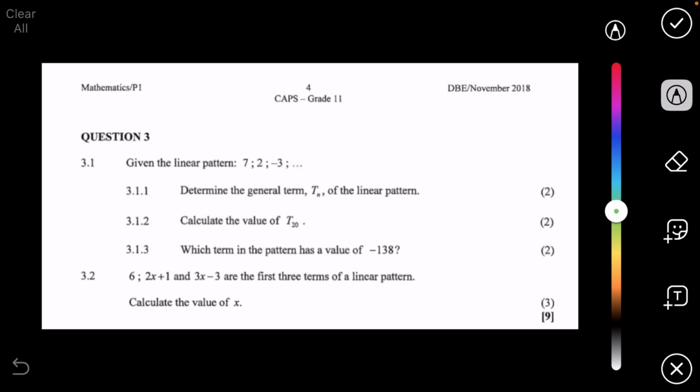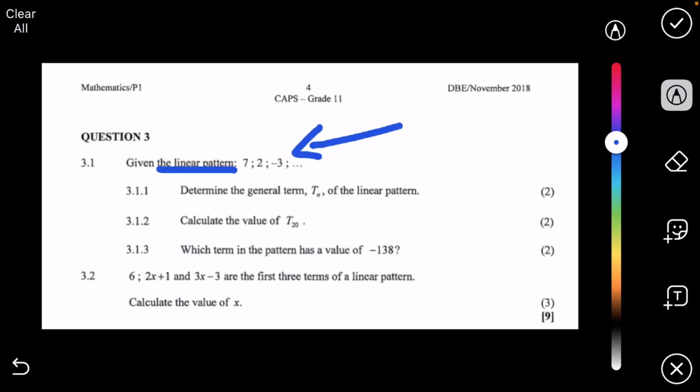Now that we are 100% sure that this is an arithmetic sequence or linear pattern, it's very important that as you practice, even if they say it's a linear pattern, you know linear pattern and arithmetic sequence might be referring to the same type of sequence. You should interchange these words so that even in the future, if they use a different word, you are prepared.